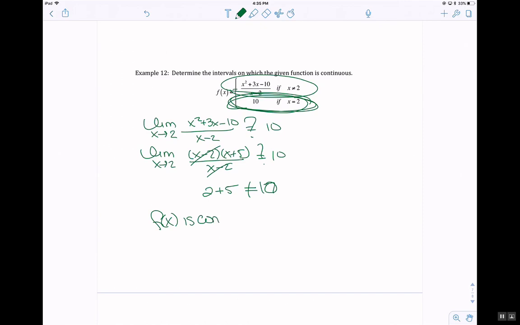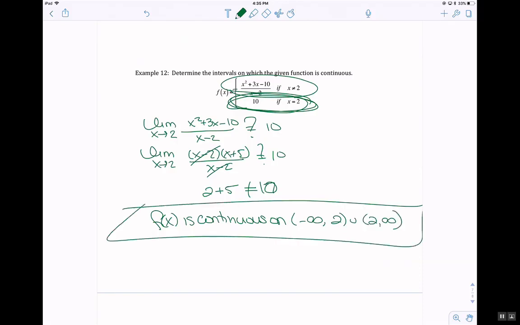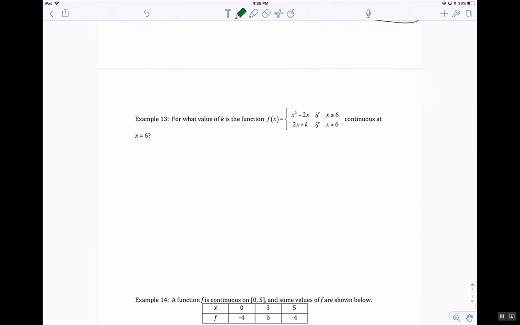So f of x is continuous on negative infinity to 2, union 2 to infinity. For what value of k is the function continuous at x equals 6? So that means the limit as x approaches 6 from the negative side of x squared minus 2x has to be equal to the limit as x approaches 6 on the positive side of 2x plus k.